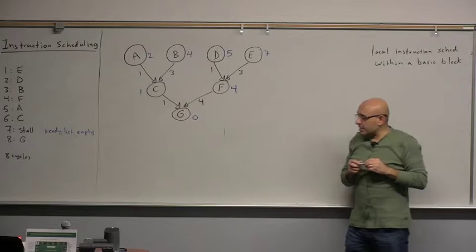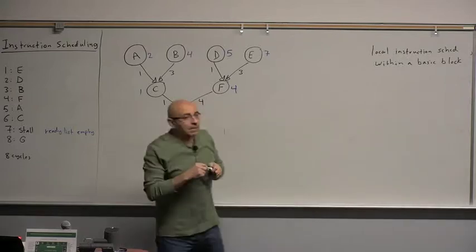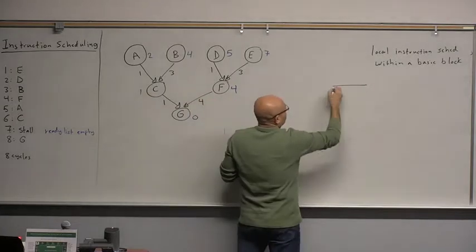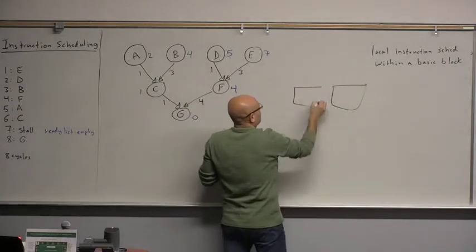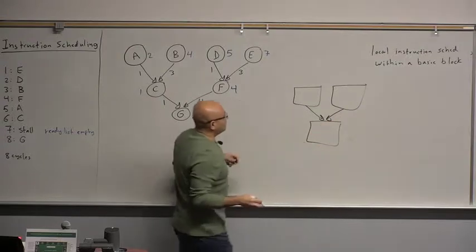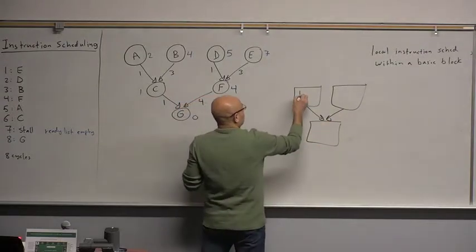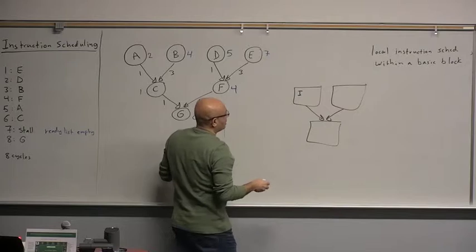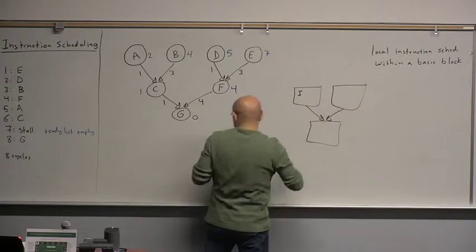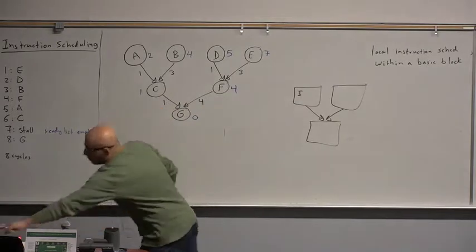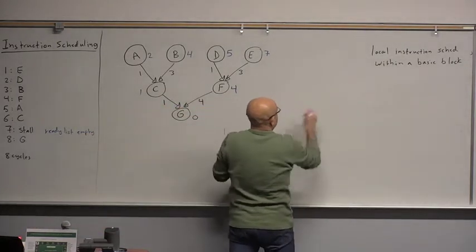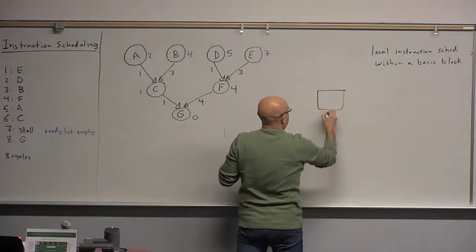In global instruction scheduling, there are complexities. For example, if you have this basic block and this basic block, and here's an instruction I, so let's do this like an if.